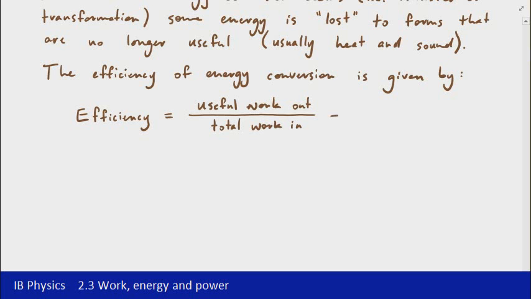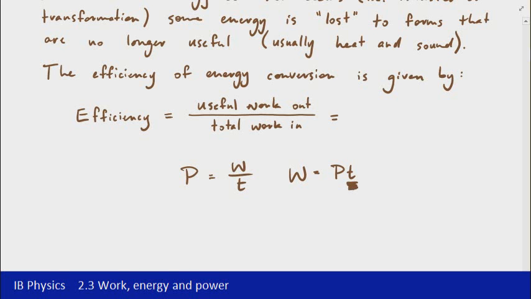Now, if we consider that power is equal to work over time, in the case of looking at work, we could say that work is then equal to power multiplied by time. The useful work that we get out, that time factor will be the same.